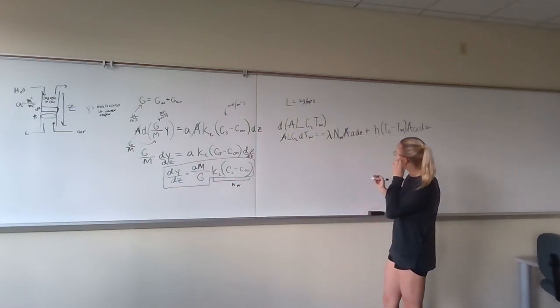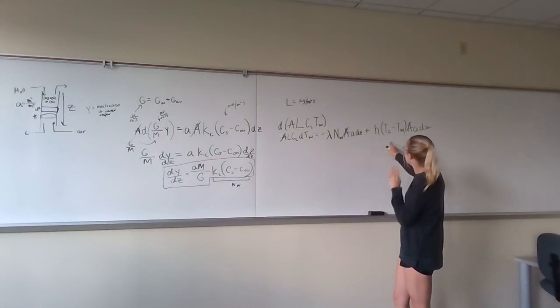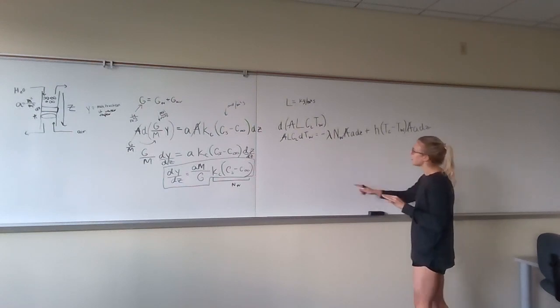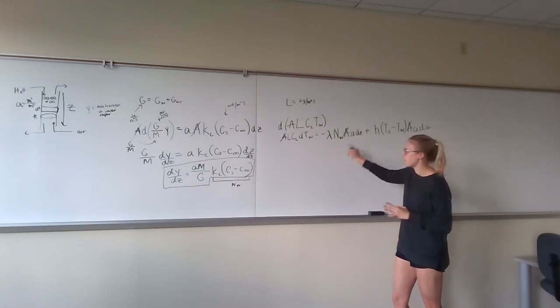So the first thing that we need to do is factor out the dz terms of each of these terms on the right-hand side, and then divide it over here, and then move this over to the other side of the equation.